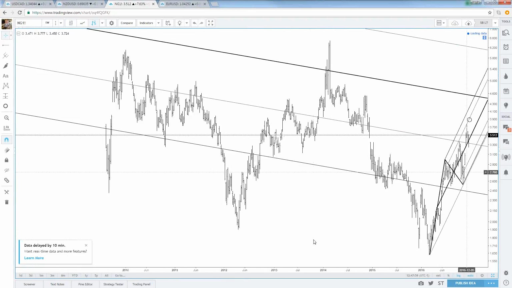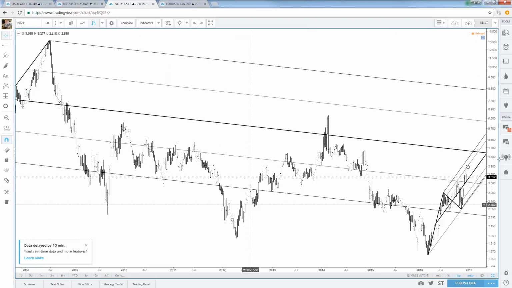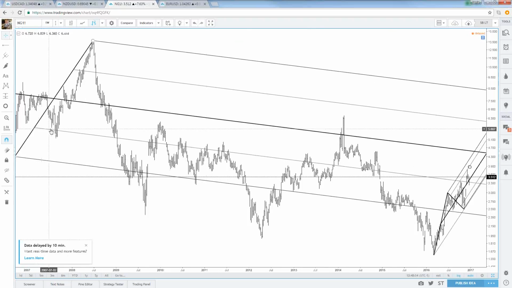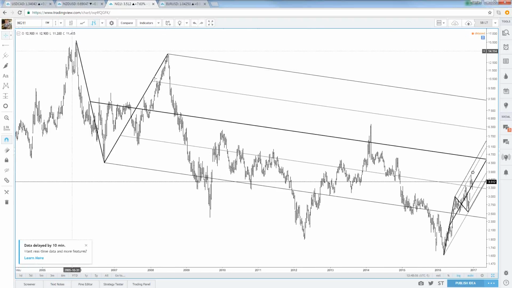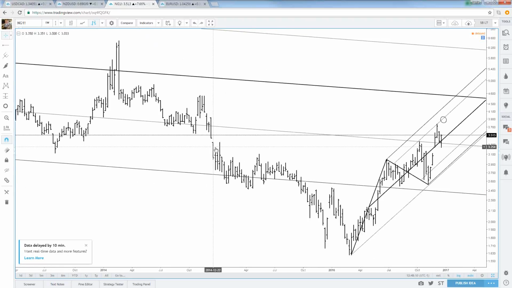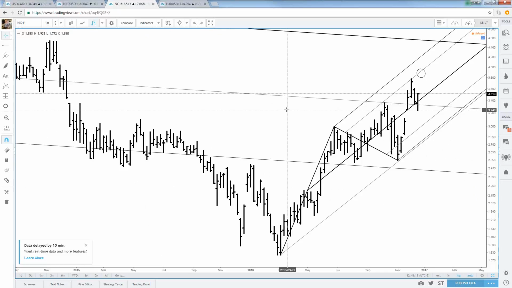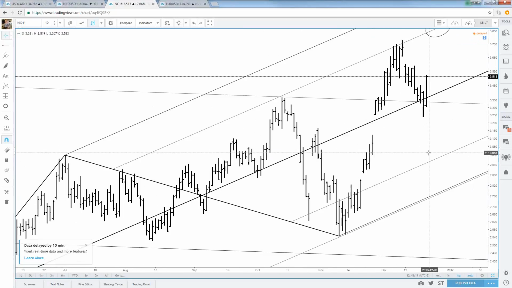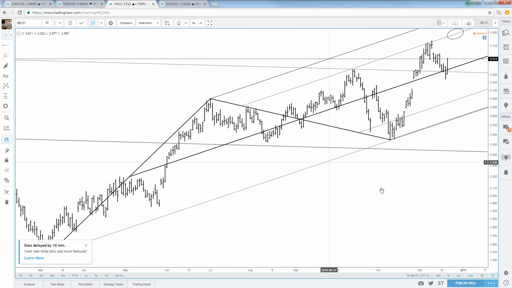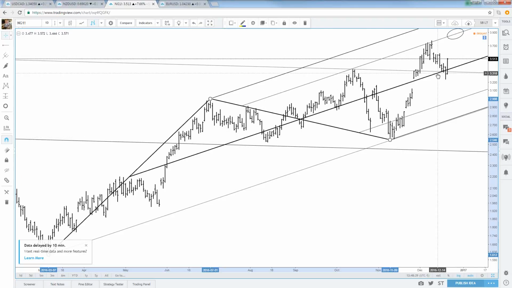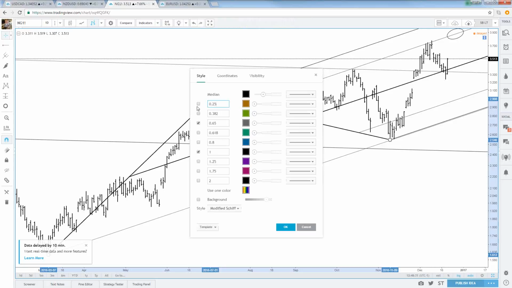So the big level for nat gas that we had identified was a combination of this 25 line from the slope way back here, right, going back to 2006, and essentially the median line. So if you look at it on a daily basis here, you should be comfortable with nat gas. If we were to take a parallel extended off of this, you probably get a pretty good touch on that.